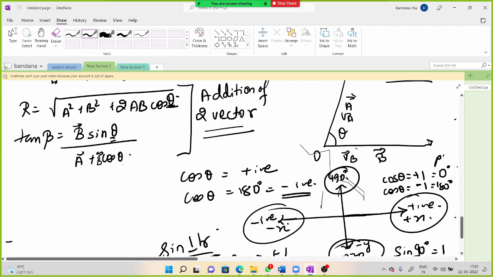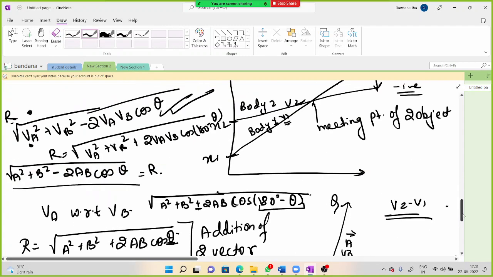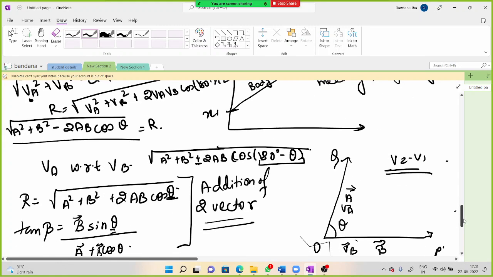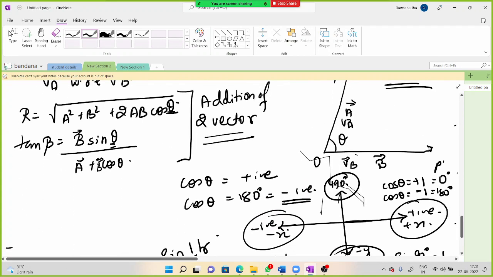Ma'am, can we use these two in any condition? It depends upon the question. If the theta value is given like that, we will see the question, then you will understand it. Any other pattern we can do depends upon the need of the question.